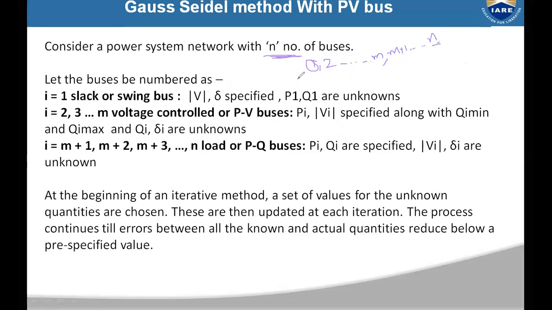The first bus is the slack bus, and second bus to m are the PV buses, and from m plus 1 to n buses are the PQ buses. You have to consider it like this.